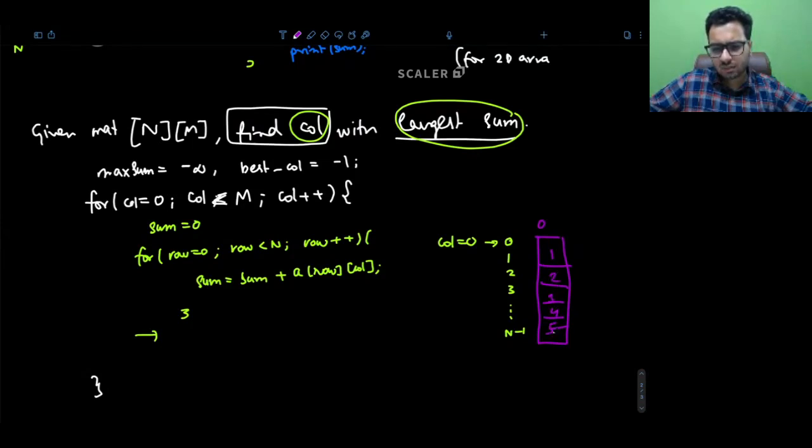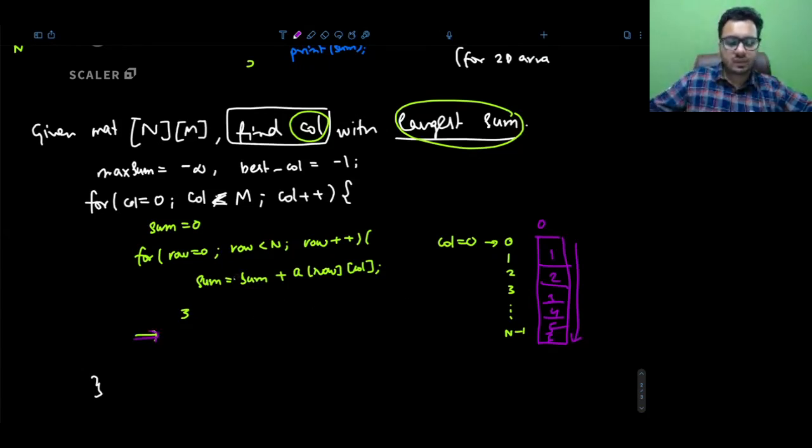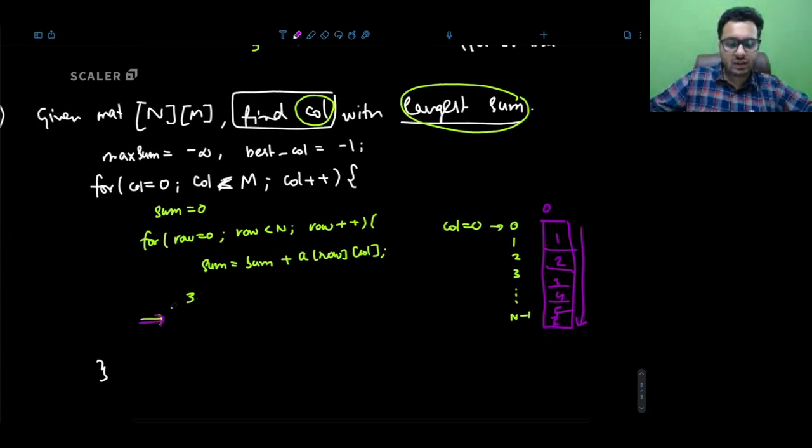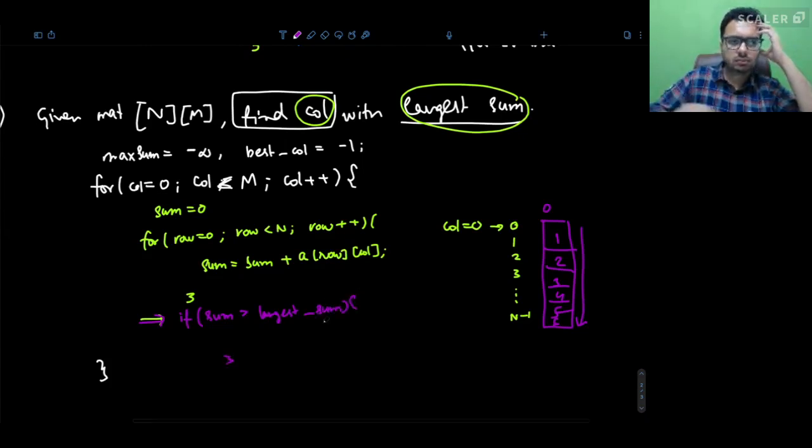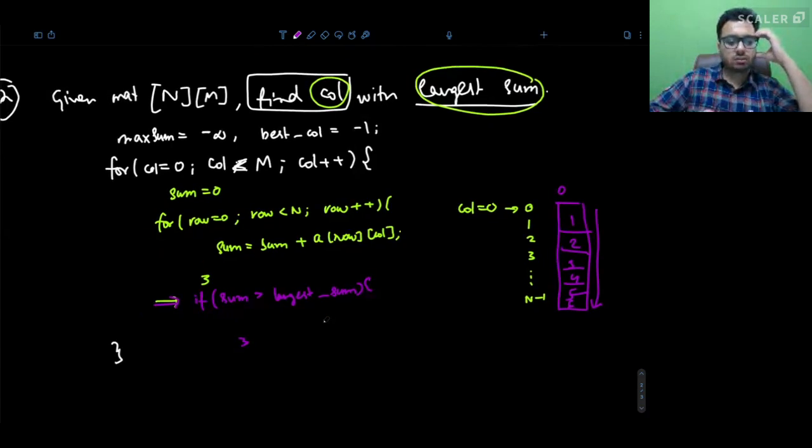Now after this line, I will know what is the sum of a particular column. Suppose this is the column. I will get to know what is the sum of this column at this line. And what I need to do is compare the sum with the largest sum I have seen so far. So if sum is greater than the largest sum, then I will update two things.